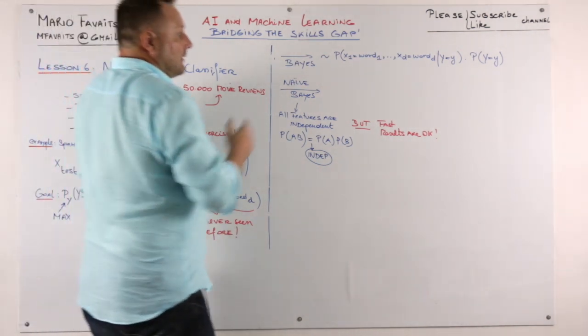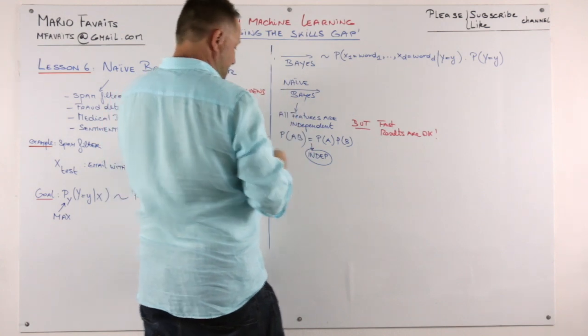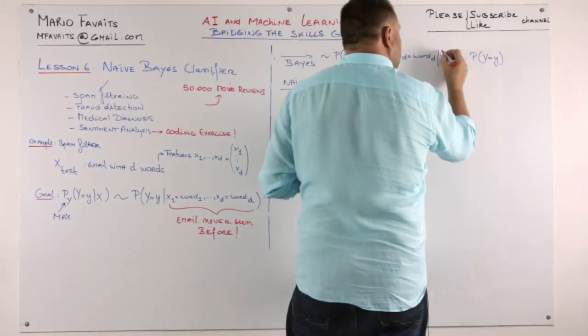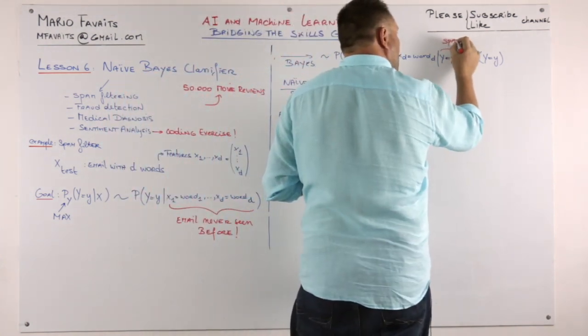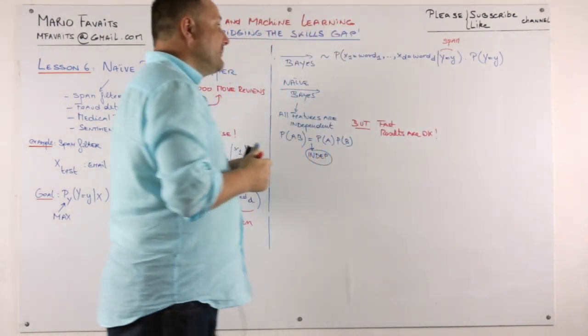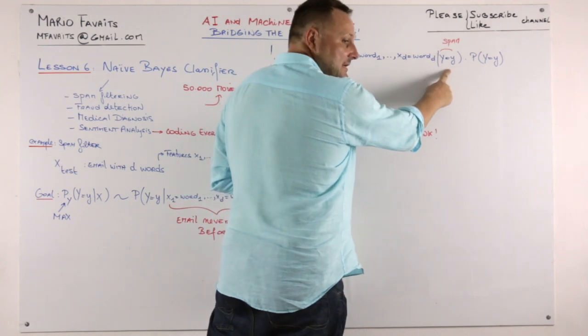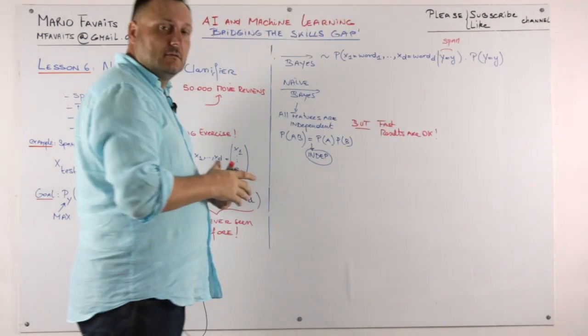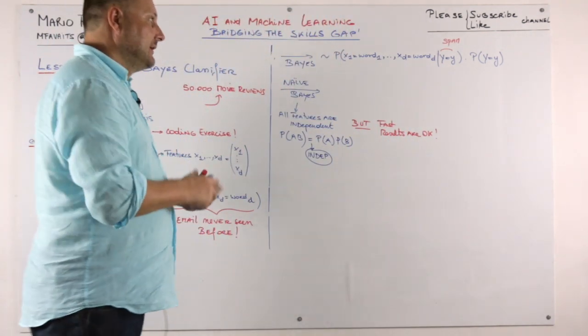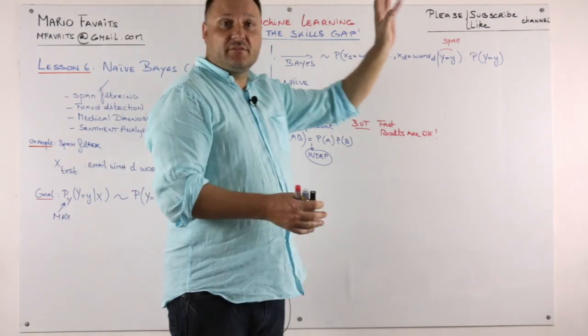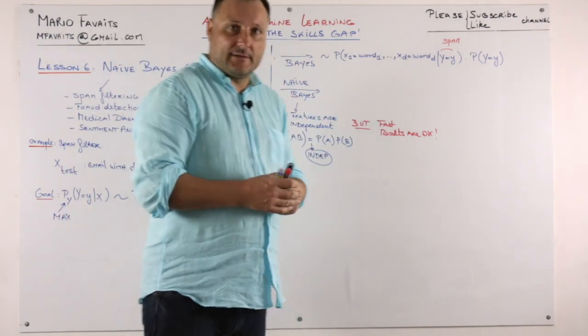Imagine that if we assume that this is spam, basically this asks us, given the email is spam, give me the email. Can you imagine that you have millions of possibilities? It's very hard to calculate.